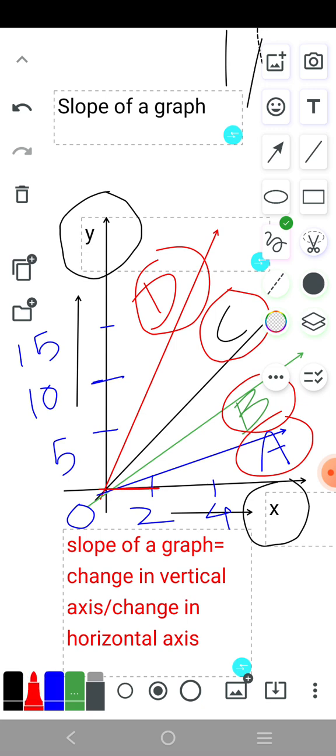The change in x-axis is 2. And what is the change in y-axis? 5. Here the final position is 5, the initial position is 0.